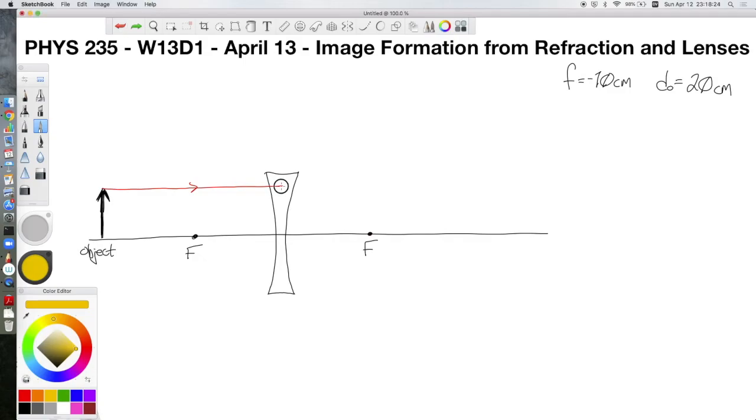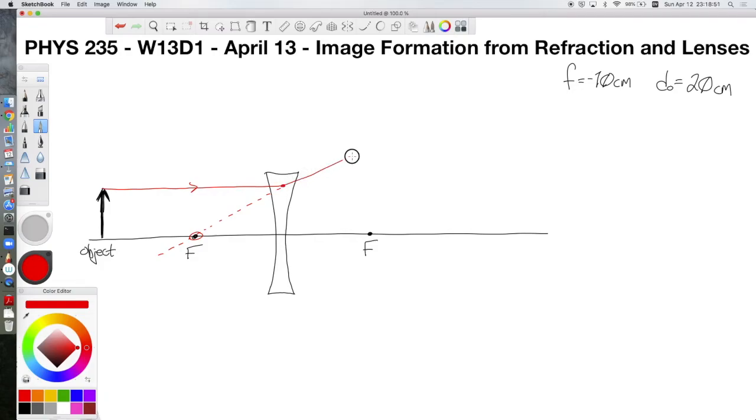So does that mean our ray comes back this direction? Well, that's also not right, because this is not a mirror, it's a lens. The ray has to pass through the lens rather than bounce off of it. So it turns out what happens is we do use this focal point on the left side, but we draw a dotted line that passes through the focal point and meets up inside of the lens with our incoming ray.